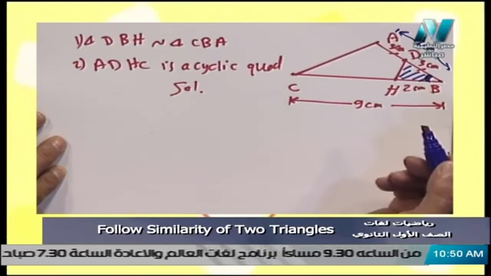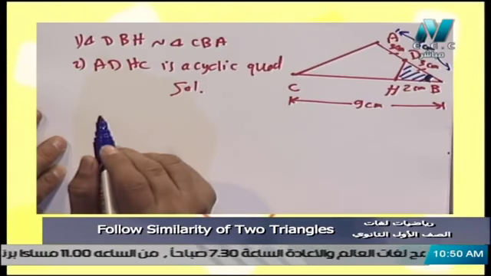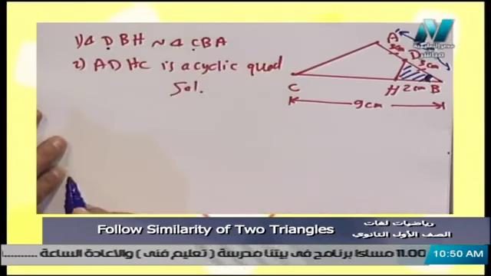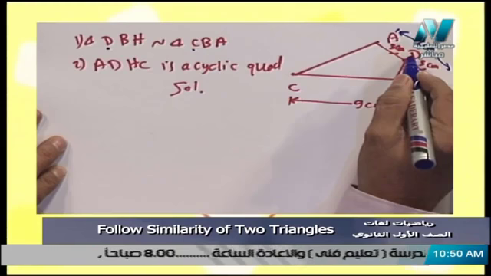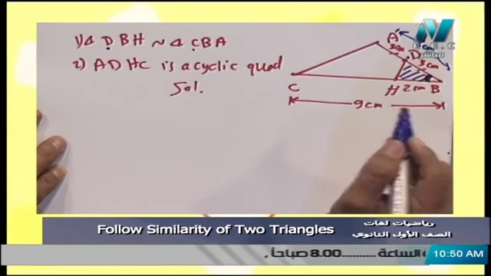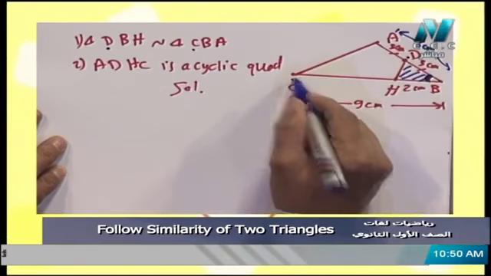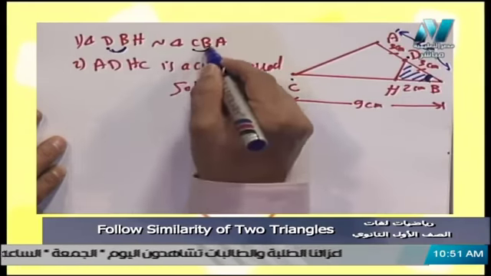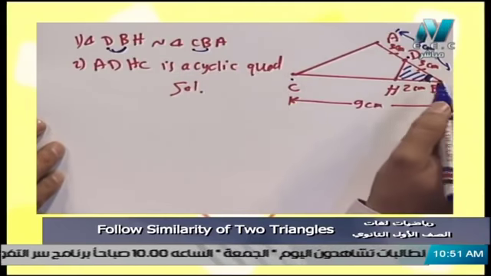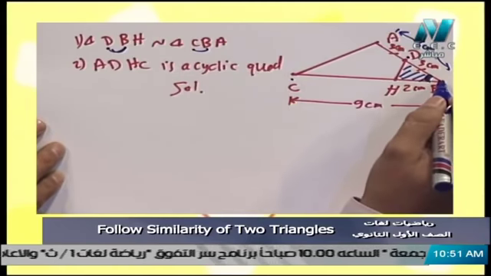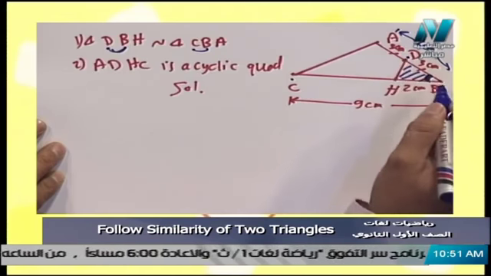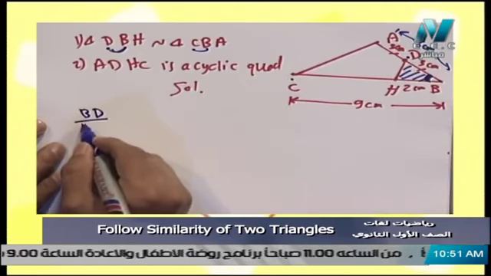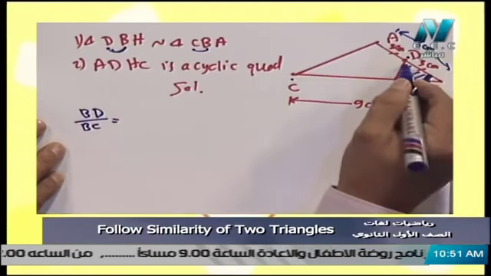So what will we do? If some of you notice that D here is corresponding to C, so when we start by D, we will start this other side with C, and we will take CB. Okay, so if we divide BD over BC, it will be 3 over 9.